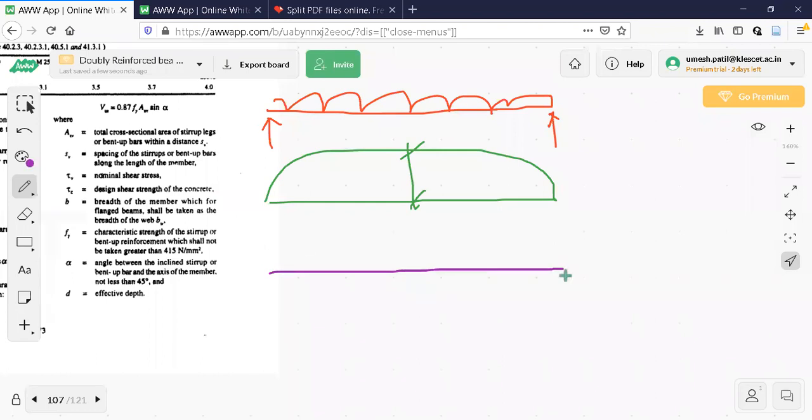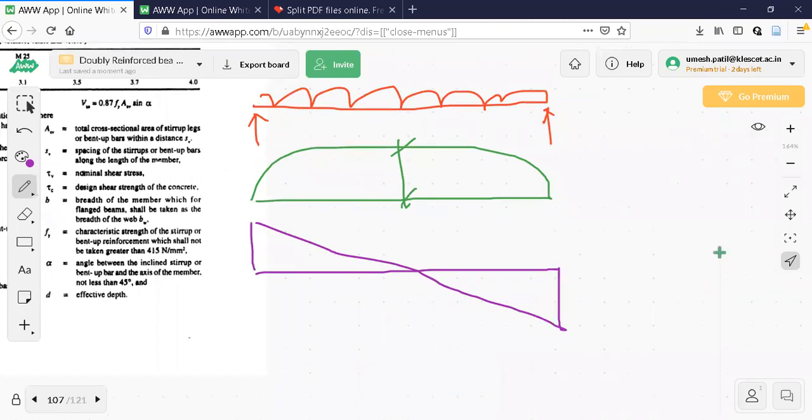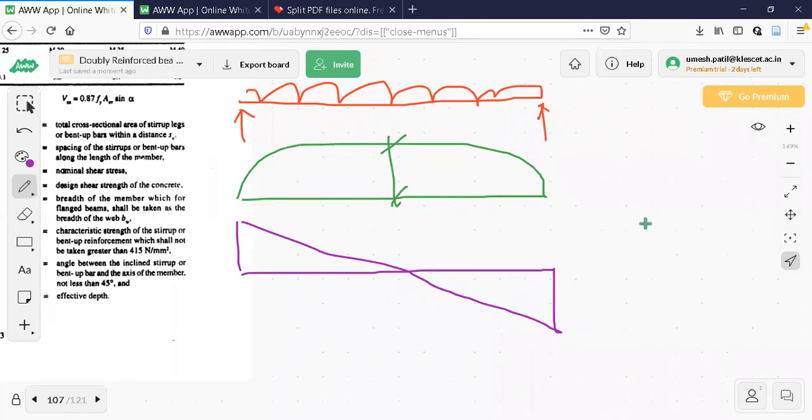This is the shear force diagram. You can see the bending moment and shear force diagrams. At the center, shear force is 0 and bending moment is maximum. At the support, the reverse is happening. Bending moment is 0, shear force is maximum.